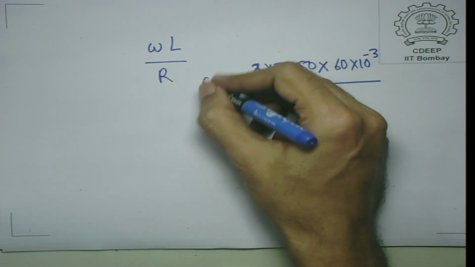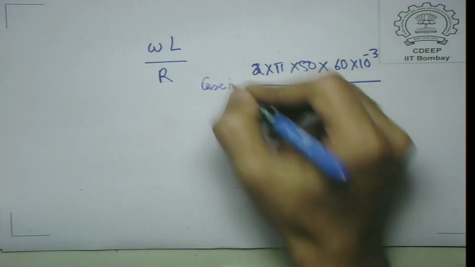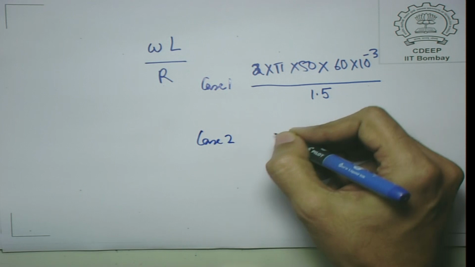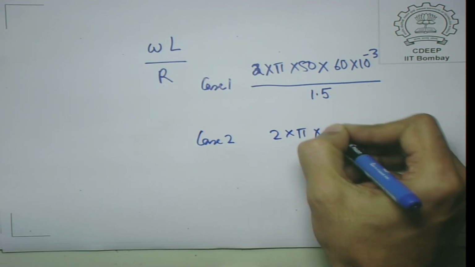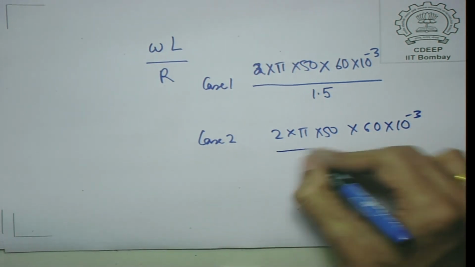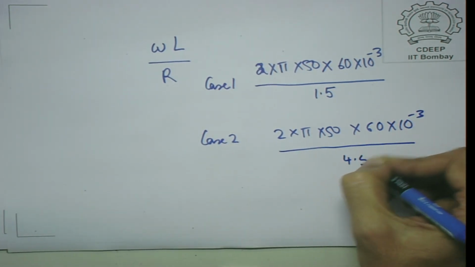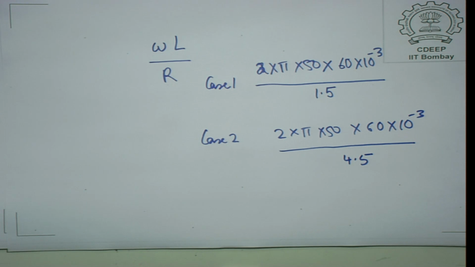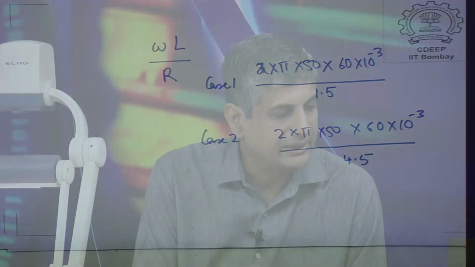So in case 2, it is 2 pi into 50 into 60 into 10 raised to minus 3 divided by 4.5.